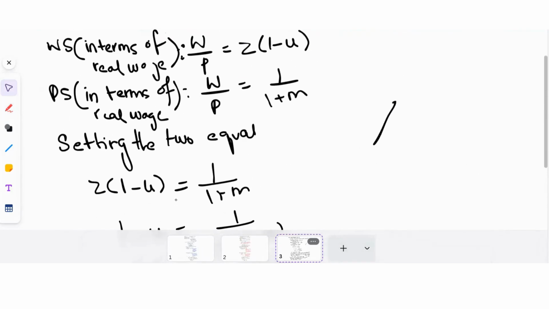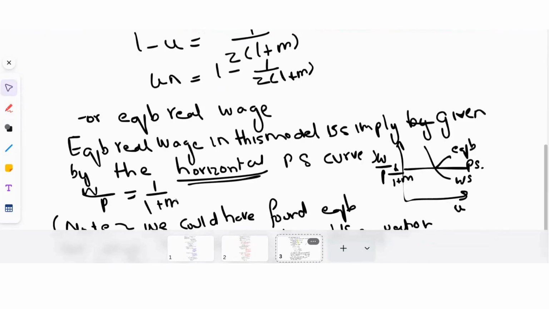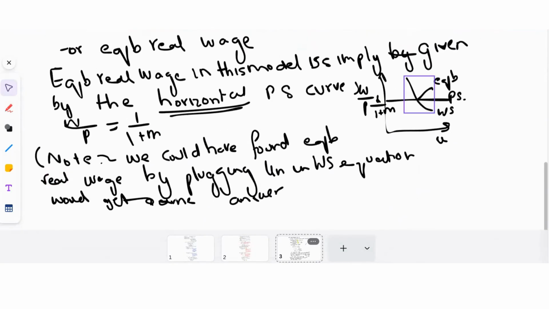We have two unknowns here, W by P and U. So once we solve and get the value of one of these, we can plug the value into the WS equation and solve for W by P as well, although we don't have to do that, because in this case the PS curve is horizontal, so the equilibrium real wage is simply given by the PS curve. But yes, an alternative way is that you can plug the value of un into the WS equation to get the equilibrium real wage, because again, it's the equilibrium which satisfies both.